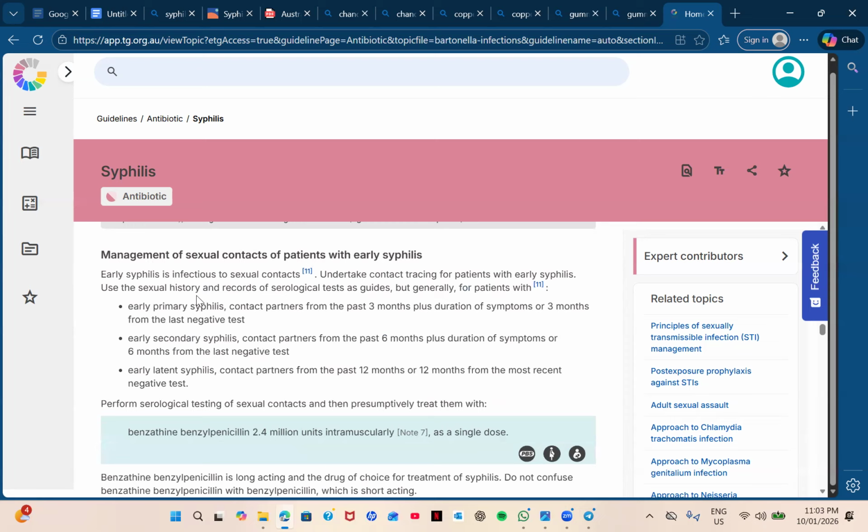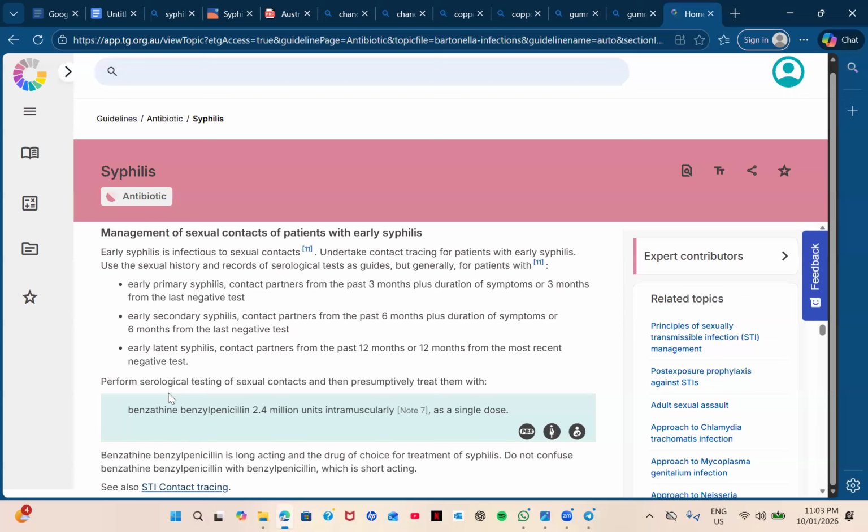And management, early syphilis contact management. Here is the management of sexual contacts of a patient with early syphilis. Early syphilis is infectious to sexual contacts, we all know. Early primary syphilis: contact partners from the past 3 months plus duration of symptoms, or 3 months from the last negative test.